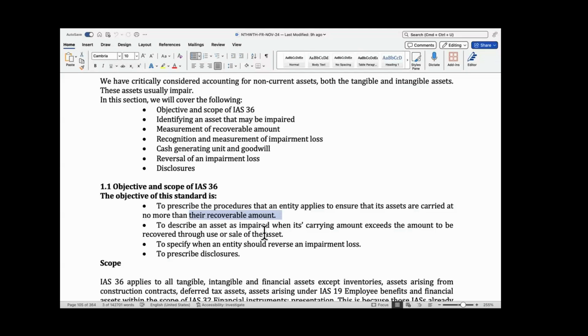And also, another aspect we're going to learn tonight is how we can reverse an impairment, and also disclosures.